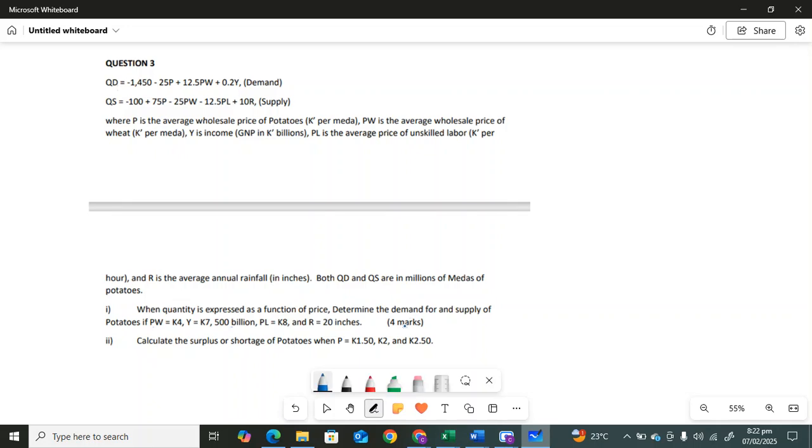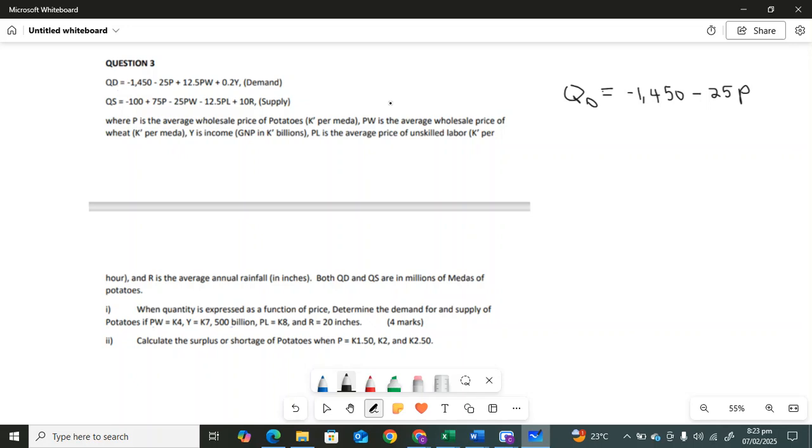So we do that. We start with our demand function. QD equals negative 1,450 minus 25p.